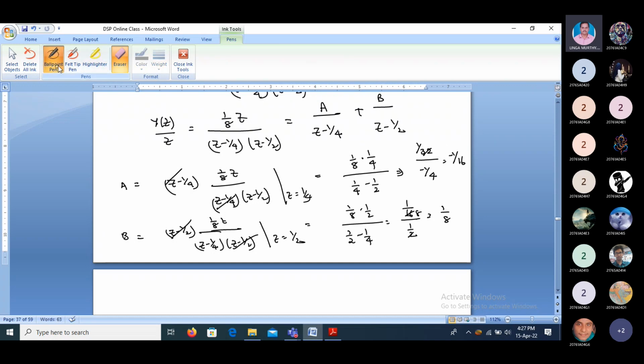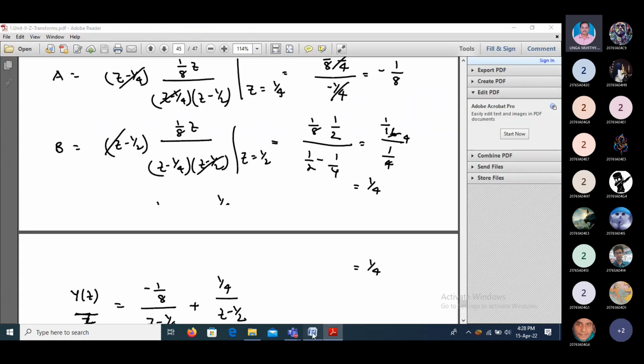There is flexibility in the online classroom. So the answer is −1/8, and similarly here the denominator is 1/2 minus 1/4, nothing but 1/4. So the answer is −1/8 and 1/4 for A and B.